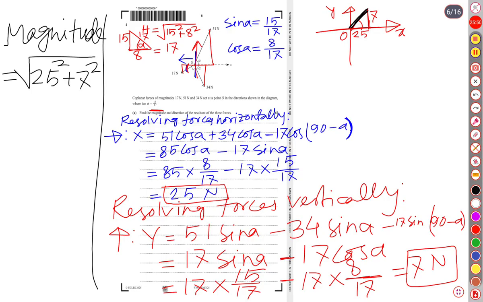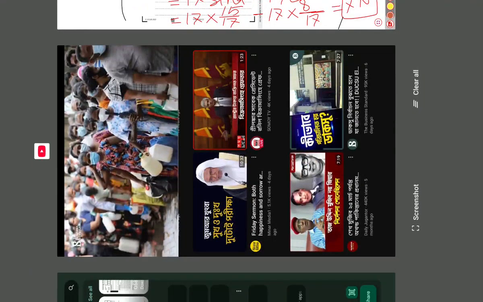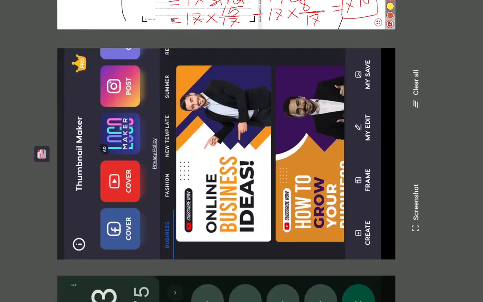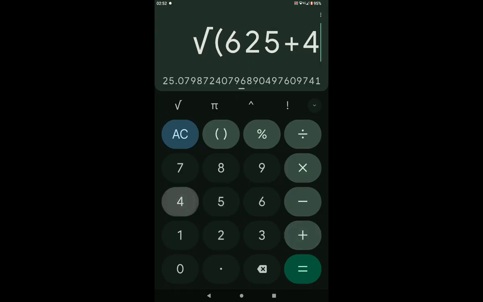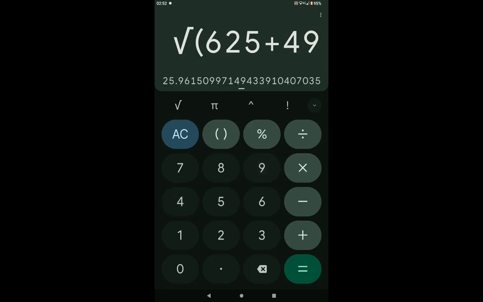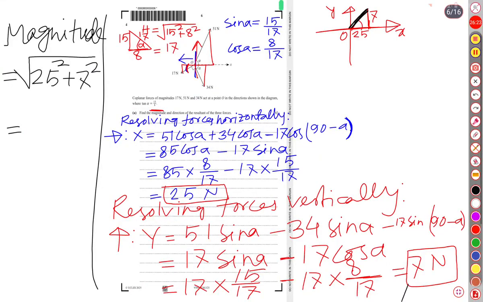So let us use our calculator for finding this. 25 squared plus 7 squared means square root of 625. Let us use our calculator. Square root of 625. 25.96 means 26.